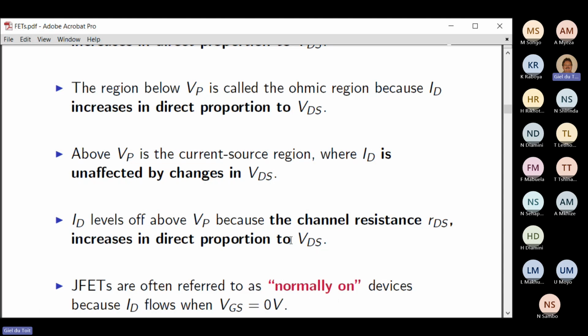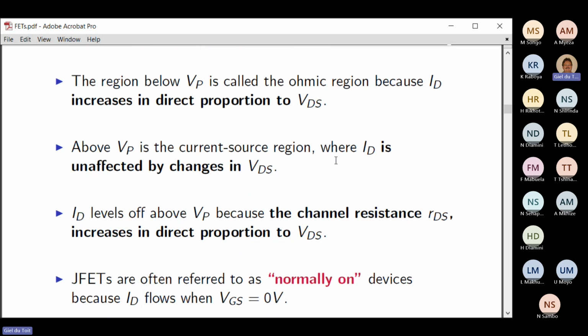So if I double V drain source, the voltage over it, then that resistance will also double. So the resistance will double when I double the voltage over the FET.